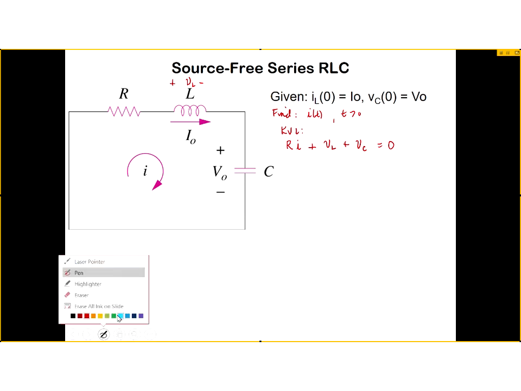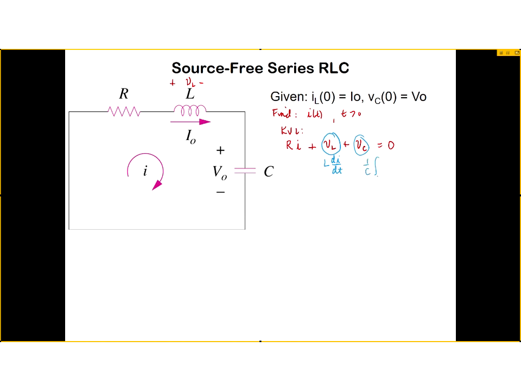Right? However, I can express that voltage across the inductor in terms of the current through the inductor. What is V sub L in terms of I sub L? Okay, it's L dI_L/dt, but dI_L/dt is just dI/dt. Okay, how about V sub C? Can I express that in terms of I?